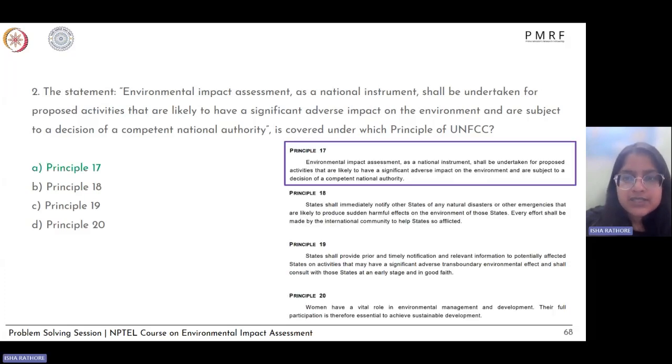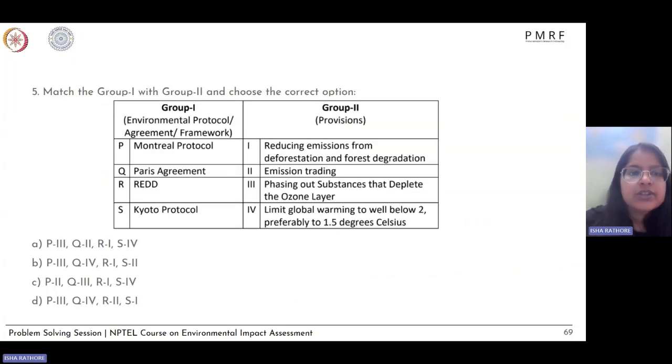So the correct answer is principle 17. So principle 17 states that the environmental impact assessment as a national instrument shall be undertaken for proposed activities that are likely to have a significant adverse impact on the environment and are subject to a decision of a competent national authority. So A is the correct answer.